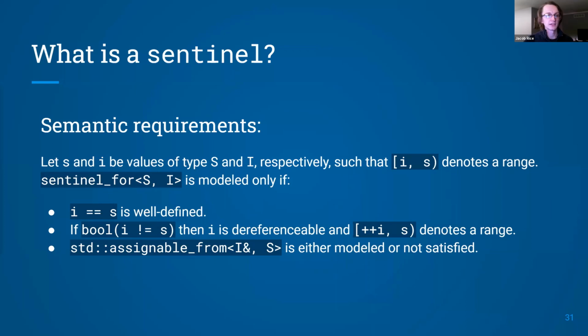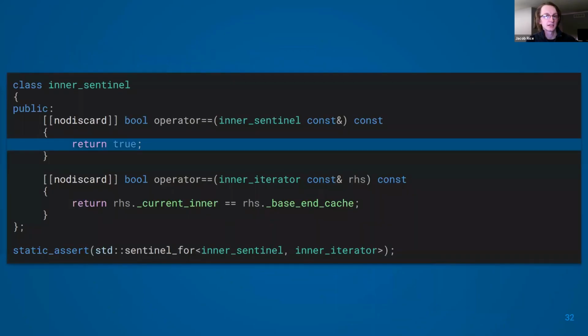So this is what's really giving us the validity of I. As long as that's the case, I is a valid iterator inside of our range. This highlighted line is a convention. It's not required. If sentinels are comparable to themselves, and they don't really have to be, they're generally just considered equal, even if they're from different ranges. But that still doesn't answer the question, why did I use a sentinel instead of a proper end iterator?